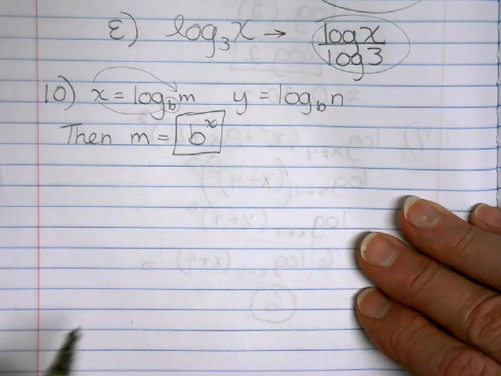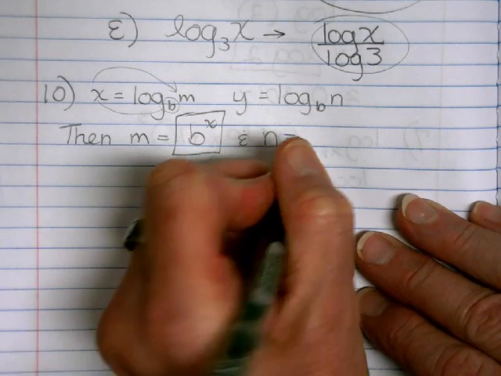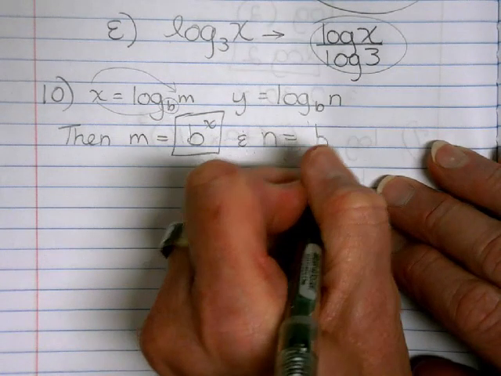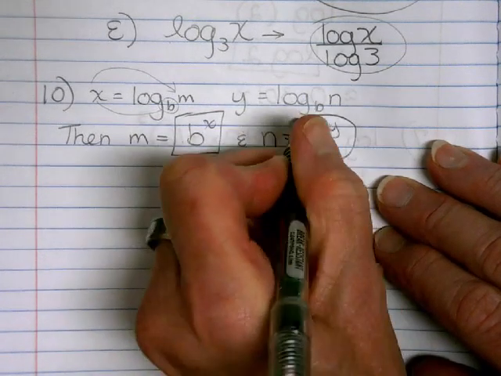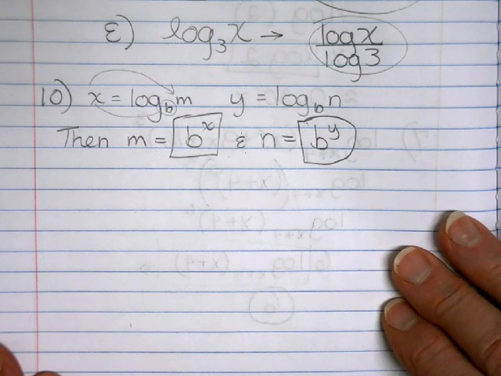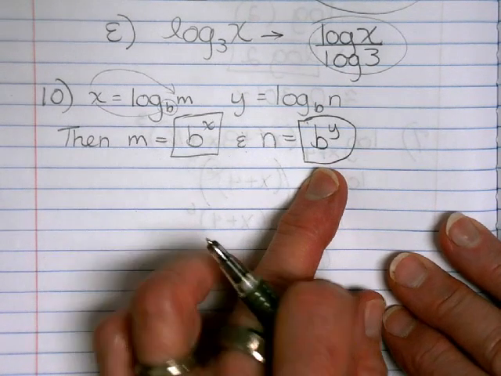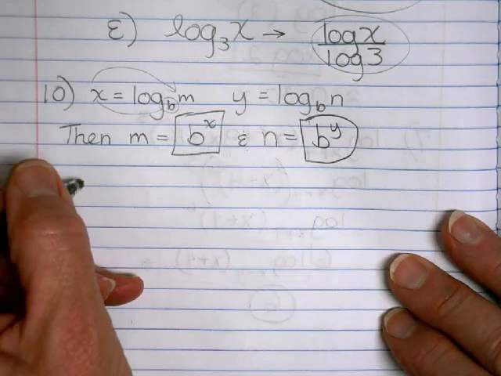They took the b to the x is m, but the m was written first. And n equals b to the y. Okay. And that's the definition of a logarithm. A logarithm can be written in exponential form.